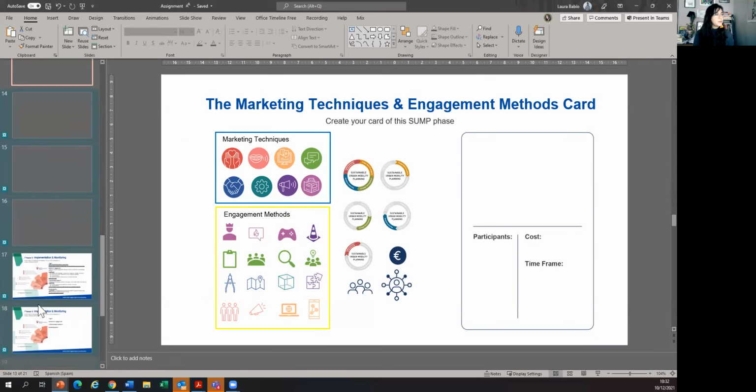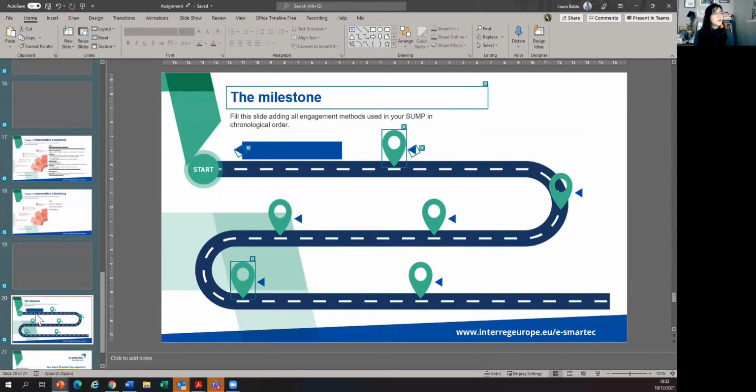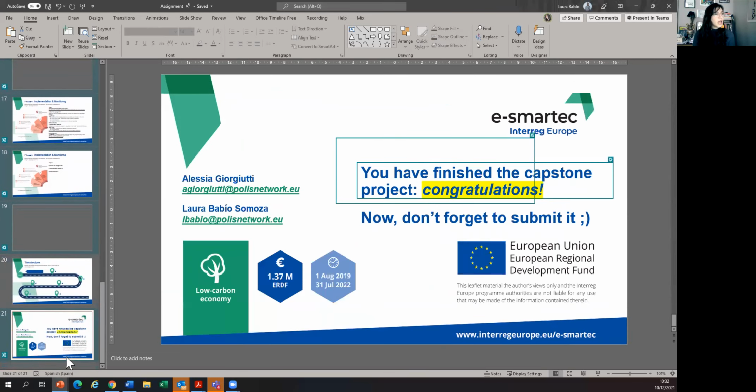And this is what you will have to do until the end, where you have the milestone slide, where we want you to add all of the engagement methods used in your SUMP in chronological order to also have that further vision of the exercise. And with this, you would have finished the Capstone project once you have done this exercise for each of the phases. The only thing missing is for you to submit.